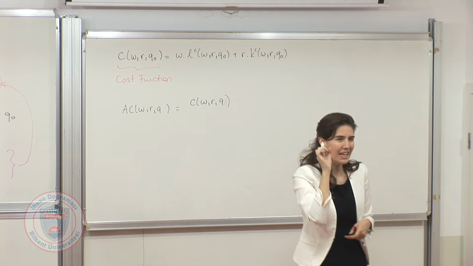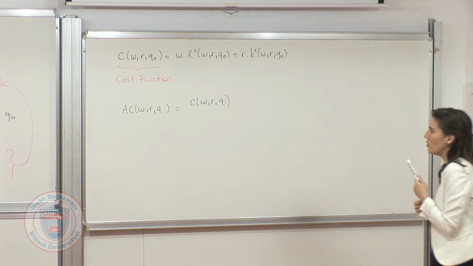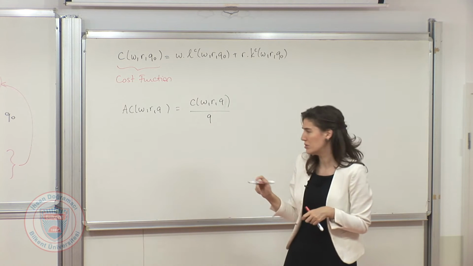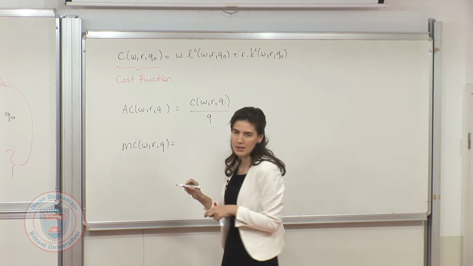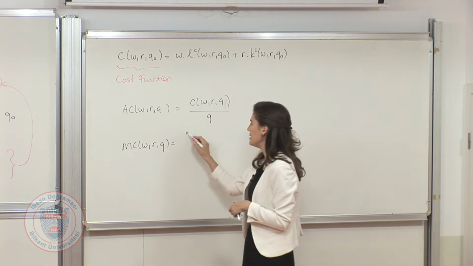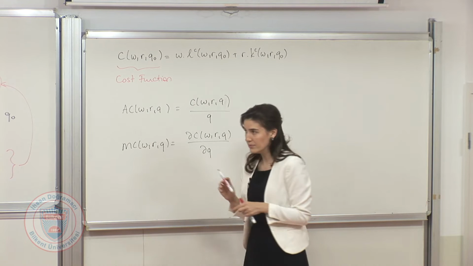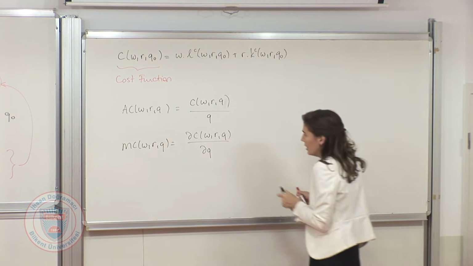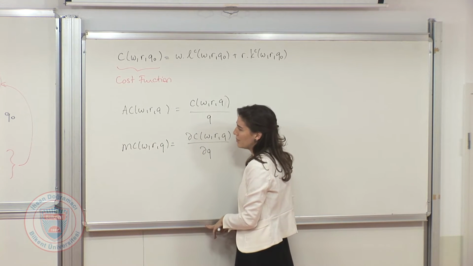You understood. It means that for a given level of Q, but it can be any Q, okay? You can call it Q bar or you can leave it as Q. So this is going to be the average cost. And then we had the marginal cost of wage, R, Q. This was what? Marginal cost was the derivative of the total cost function, right? So basically del C(wage, R, Q) over del Q, okay? So these were the average cost and the marginal cost that we talked about.